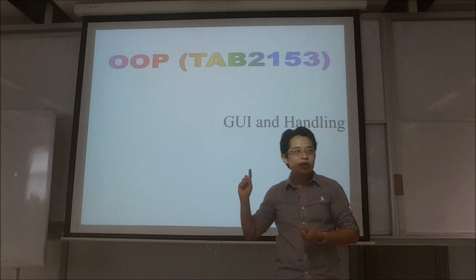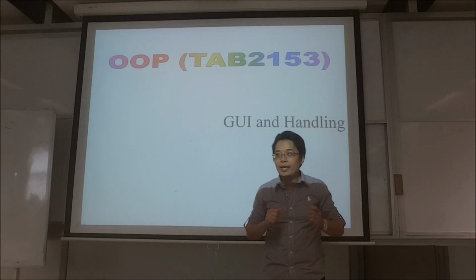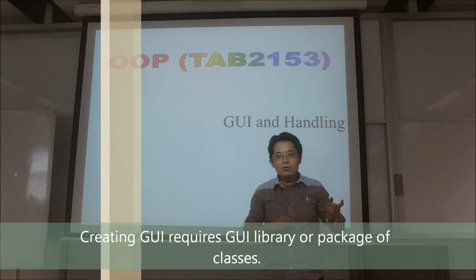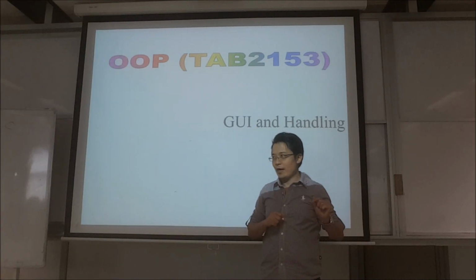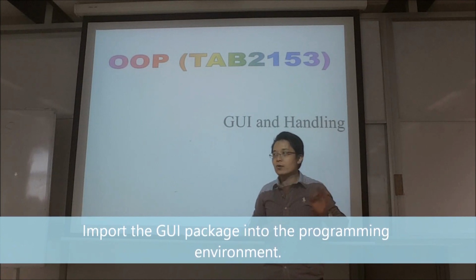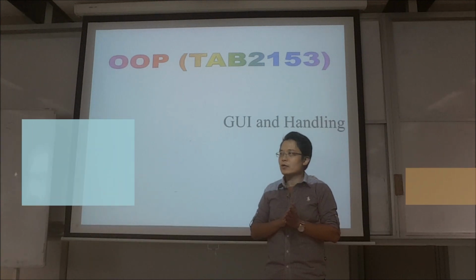Now, in order to learn GUI, first we need to get hold of the GUI libraries or GUI packages. Then you need to know how to import these packages into your programming environment. And number three, you have to recall all your OO concepts in order to use them effectively. What have you learned about OO concepts so far?